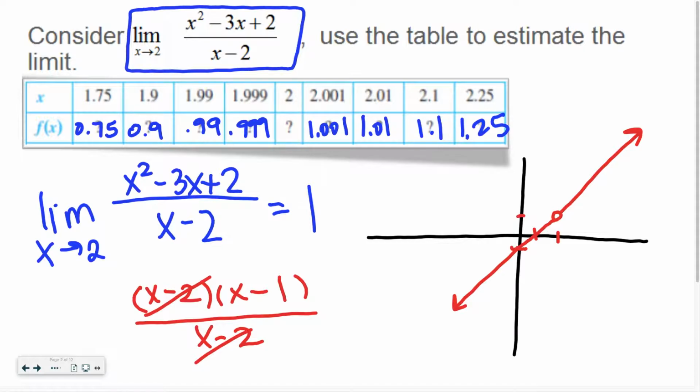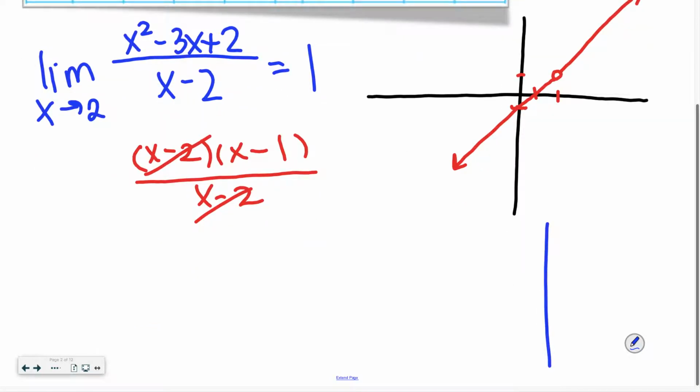Well, I will tell you that if this were just the line y equals x minus 1, our limit would still be 1 because we're still approaching 1, even if there's not a hole there. So that's a good point. It actually makes it easier because we can think about what the function value actually is.